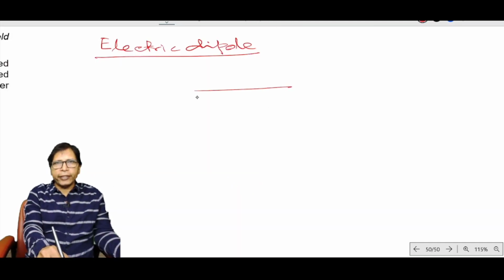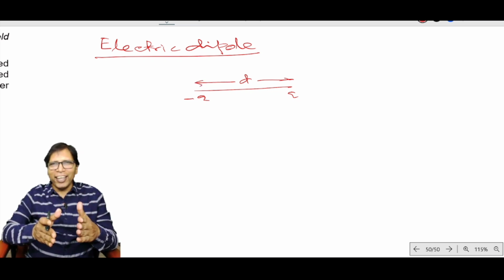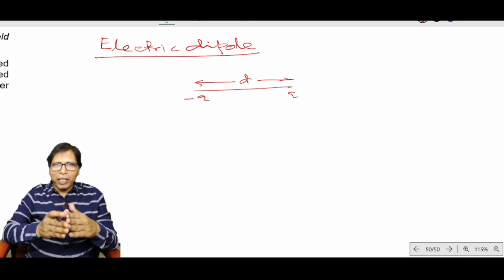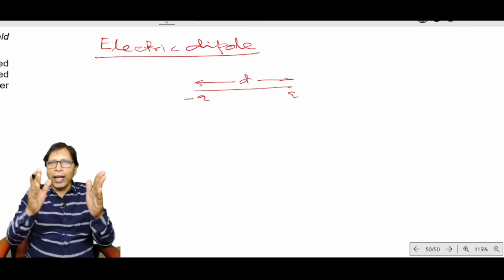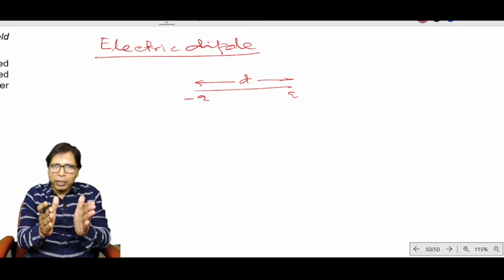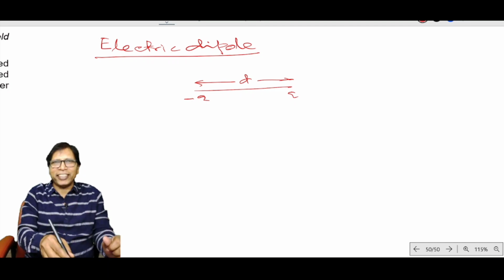Now, electric dipole. Suppose two charges minus Q and Q separated by a distance d, then they constitute an electric dipole. The dipole becomes ideal if the magnitude of charge is very large and the distance of separation is very small. Now, dipole moment.